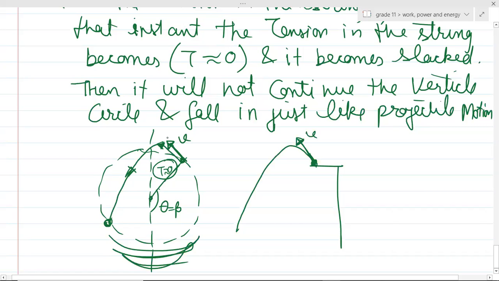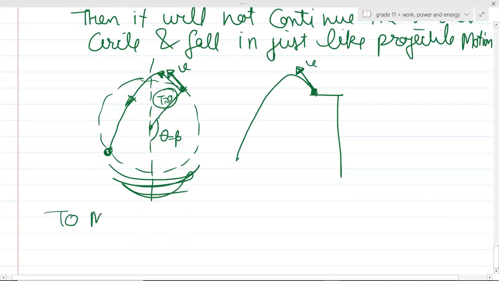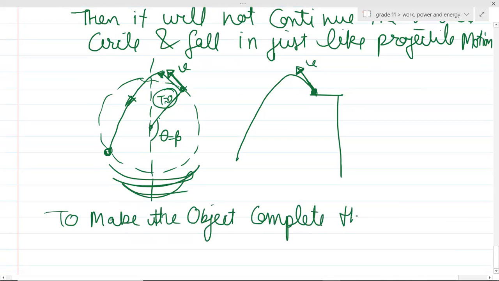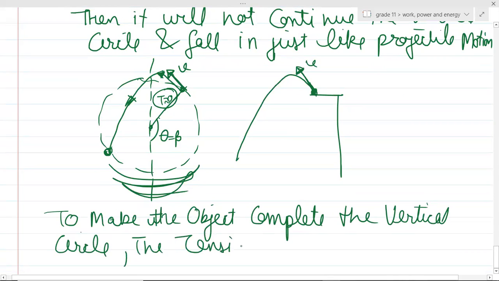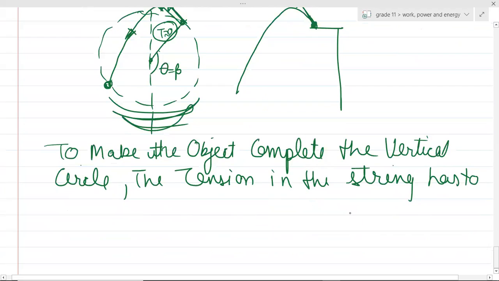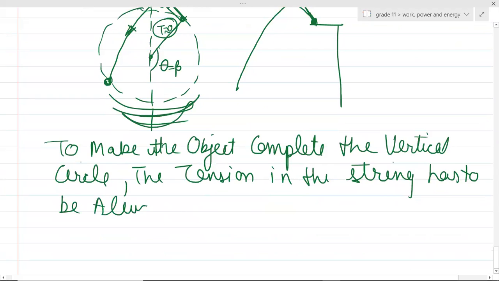Okay. So to make the object complete the vertical circle, the tension in the string has to be always present.